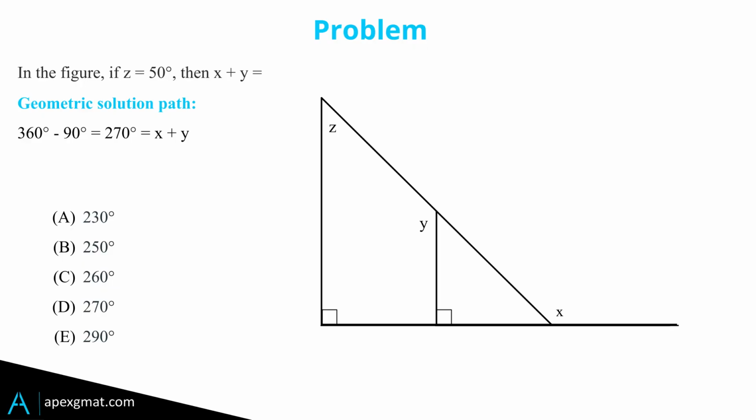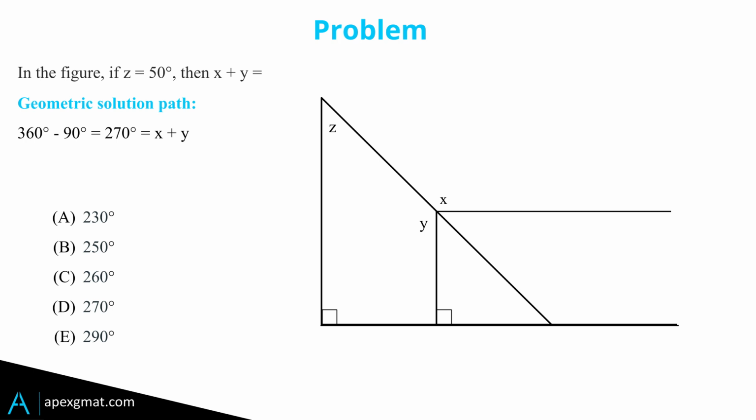Now here's where it gets really fun and really interesting. We can run a graphic scenario here by noticing that as long as we keep all the lines oriented in the same way, we can actually shift the angle x up. We can take the line that extends from this big triangle and just shift it right up the line until it matches with the y.